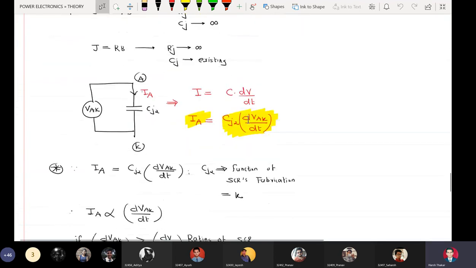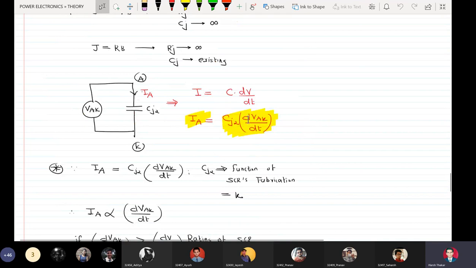Ultimately, we had derived that the current flowing through SCR is CJ2 into dVAK by dt. So based on this formula, we have some numericals which can be solved.